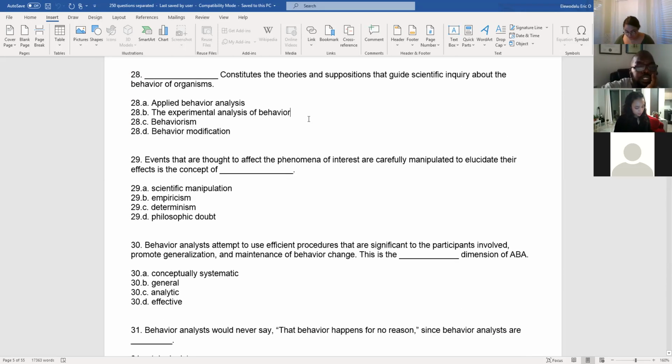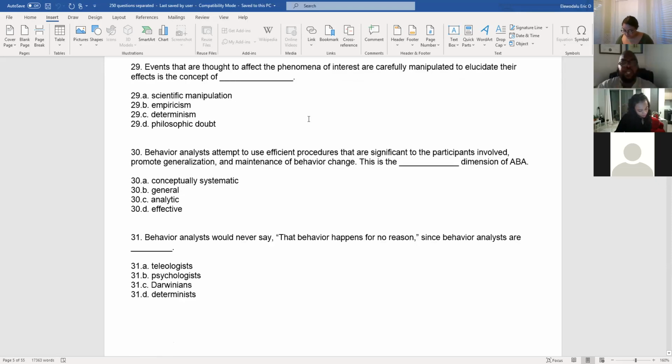Number 29. Events that are thought to affect the behavior of interest are carefully manipulated to elucidate their effects on the concept of scientific manipulation.